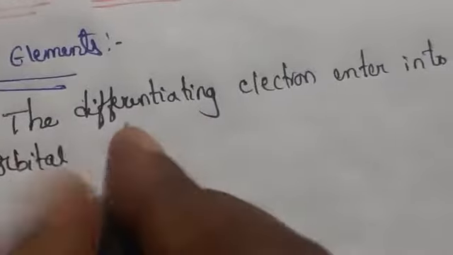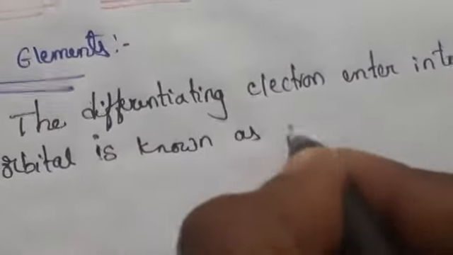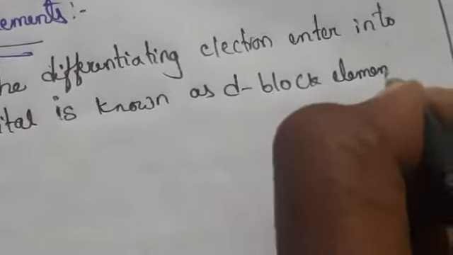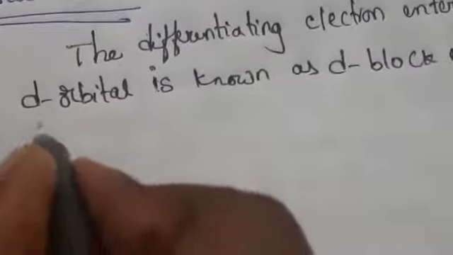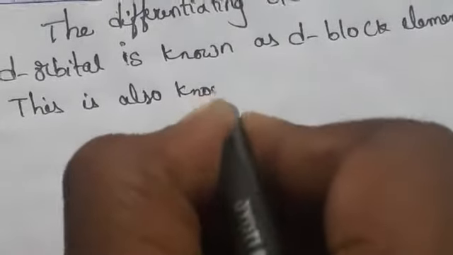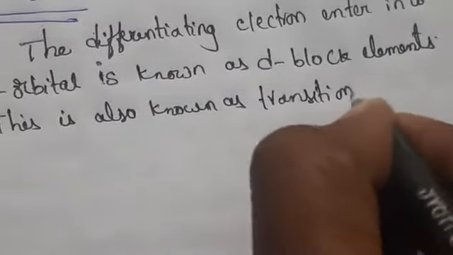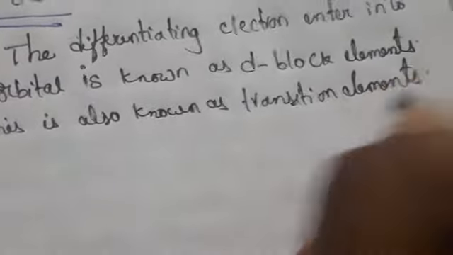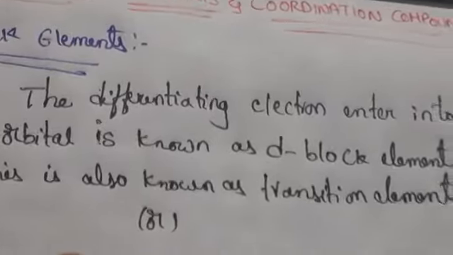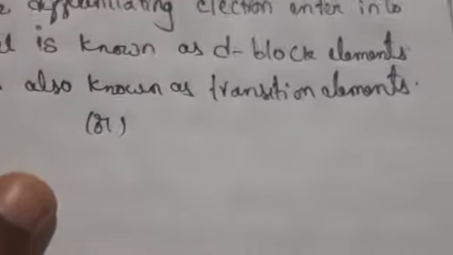The differentiating electron entering into the d orbital is known as a d block element, which is also known as a transition element. So we can say, the outermost electron which is entering into the d orbital, we call it a d block element, which is also known as a transition element.